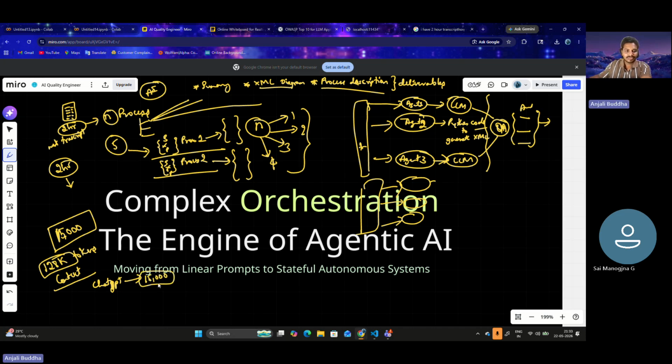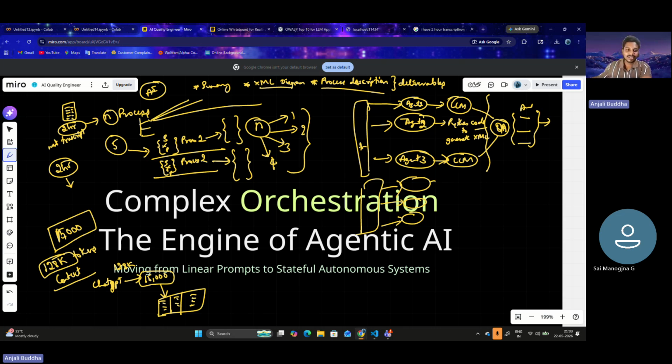Its capability is to take 128K tokens, so 15K is way too little, maybe 20% of it. So now it can consider this and generate deliverables out of it. It can identify the processes. Let's say there are three processes; it will generate all three deliverables. So that's how it is when you look at it for the first time.